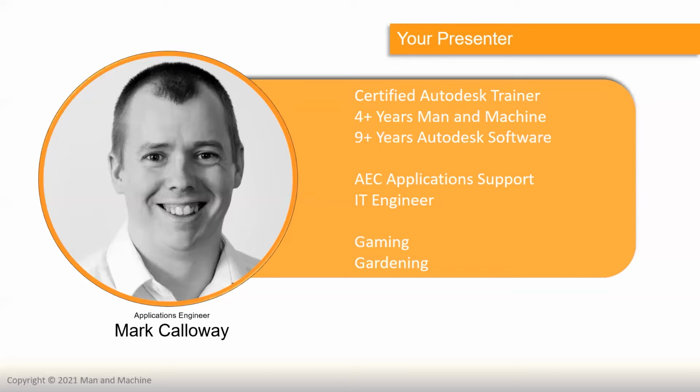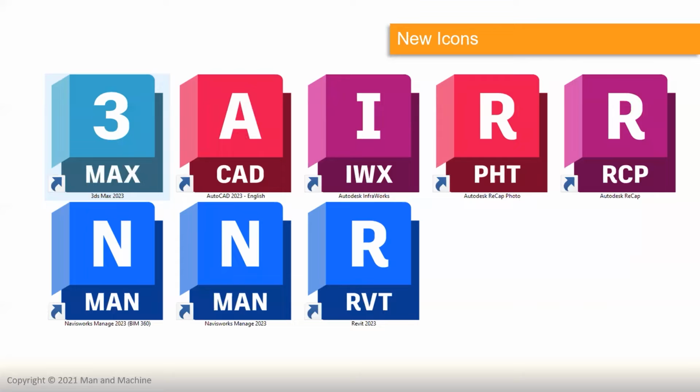So if I can just get this slide to change, I think the first and most obvious thing that you'll notice as soon as you download and install whatever software you're using is that the Autodesk design team have been working on the icons. Not the most exciting thing, your desktop icon. They have been the same for a good number of years now, so they've revamped those. I think it's part of Autodesk's revamping at the moment. You might have noticed that the logo changed for Autodesk recently.